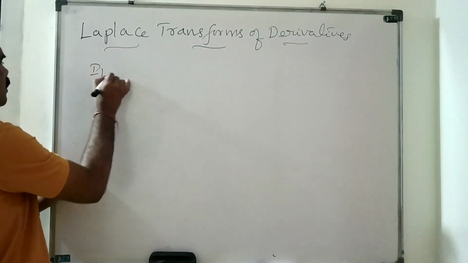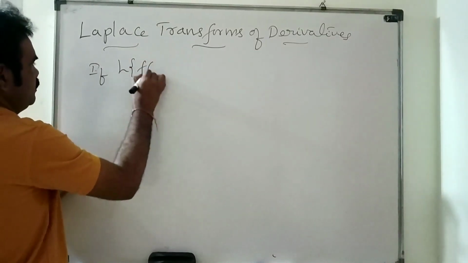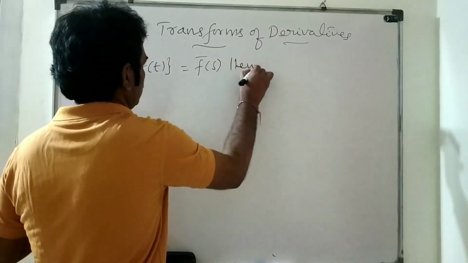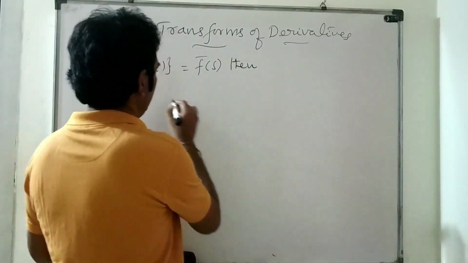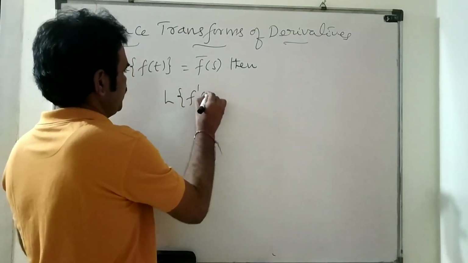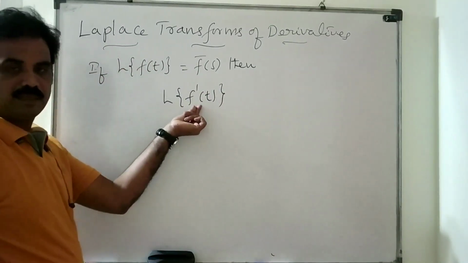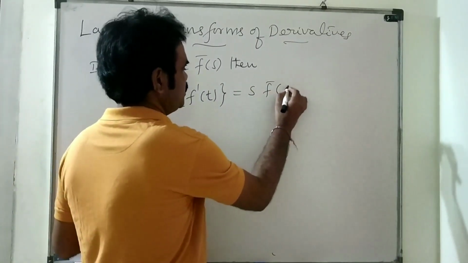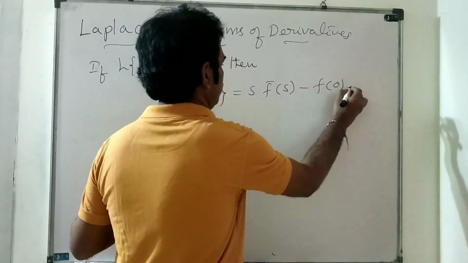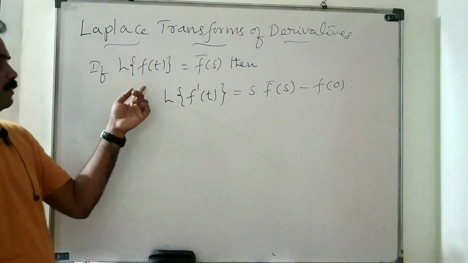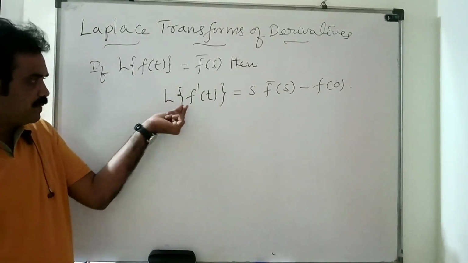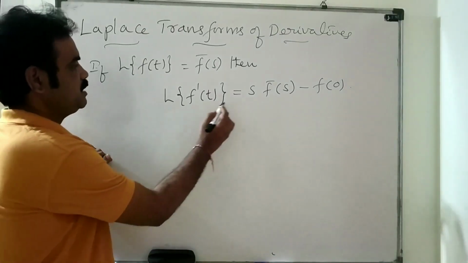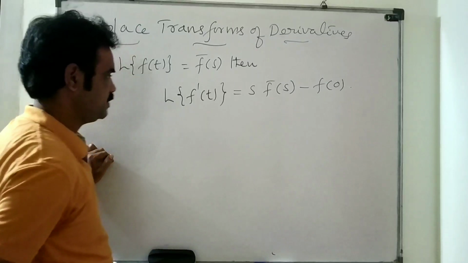If L of f of t is f bar s, then L of f dash of t, that is the derivative of f of t, is equal to s into f bar s minus f of 0. If you know the Laplace transform of f of t, then you can find the Laplace transform of its derivative. L of f dash t is equal to s into f bar s minus f of 0.